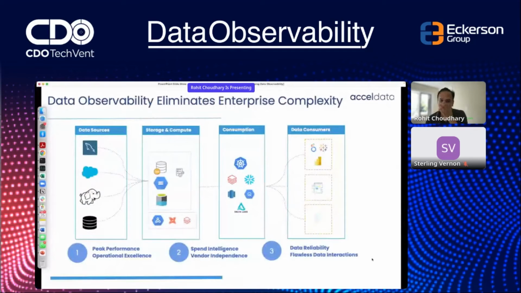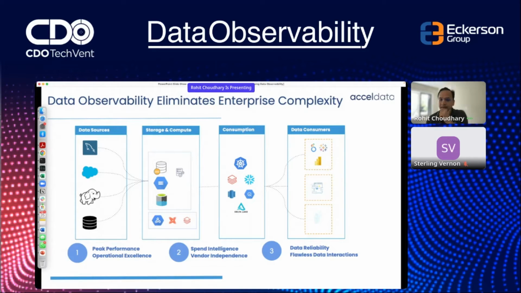So, we talked about the landscape a little bit. The kind of thing that data observability can accomplish for a typical large-scale enterprise is that it will allow them to run their data systems at peak operational performance. That is the promise of data observability. Second, it will also allow you to keep a handle on how much money you are spending and whether you are going to be vendor independent in the long term.